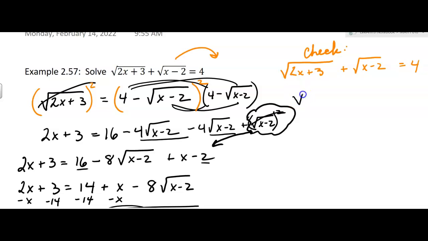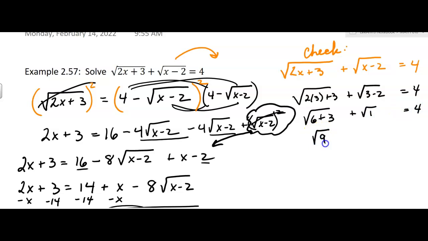So let's see if that one works. 2 times 3 plus 3 plus 3 minus 2, does that equal 4? 2 times 3 is 6. 6 plus 3 is 9. 3 minus 2 was 1. Okay, I'm all over the place. So 6 plus 3 was 9. Looks like this is going to work. 3 plus 1 equals 4. Smiley face, yep. Okay, so what did I try? I tried the 3. So the 3 works.